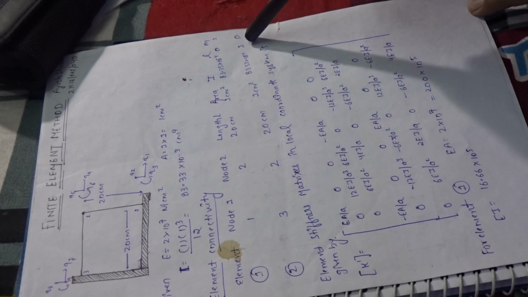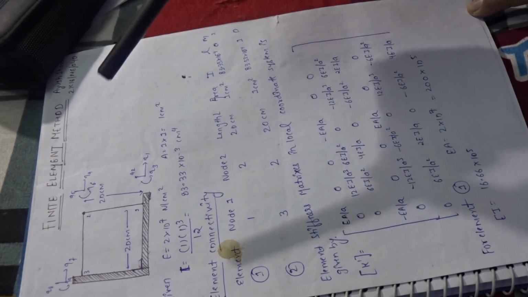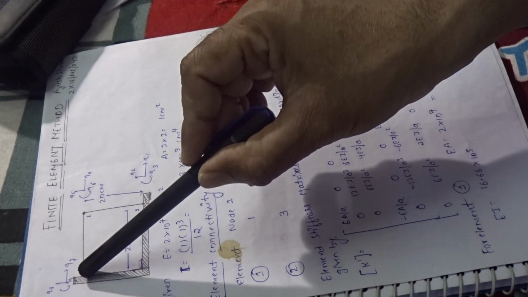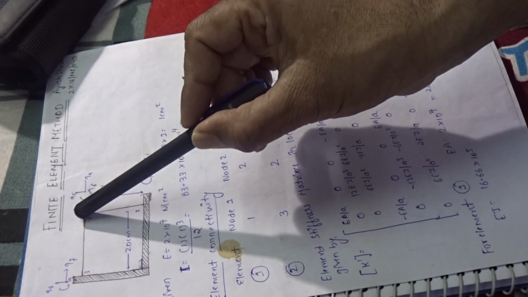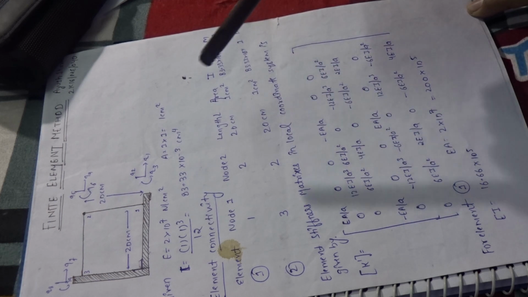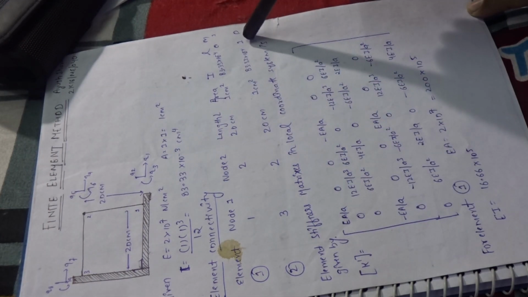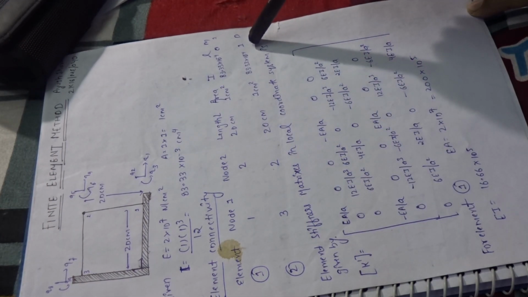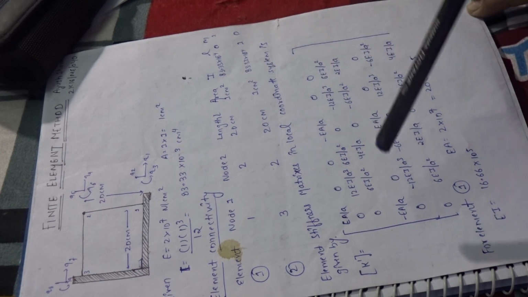Note this point: it is connected from 3 to 2. If it were connected from 2 to 3, theta would be 180 degrees, but in this case theta should be 0 degrees. So L is cos 0 equal to 1, and M is sin 0 equal to 0.